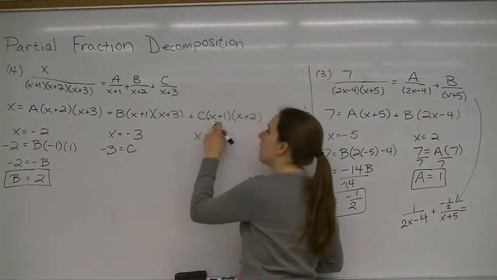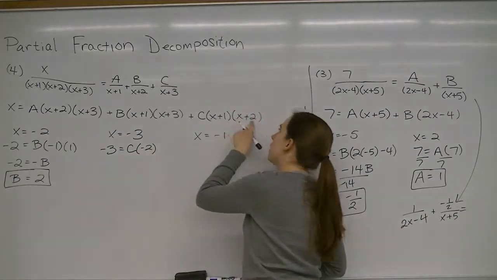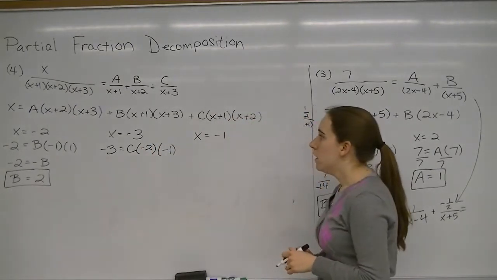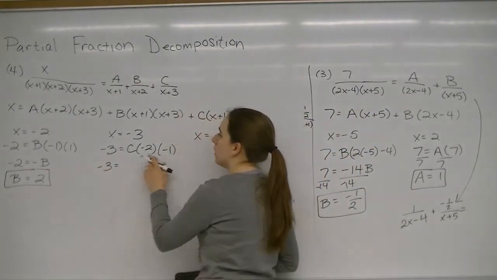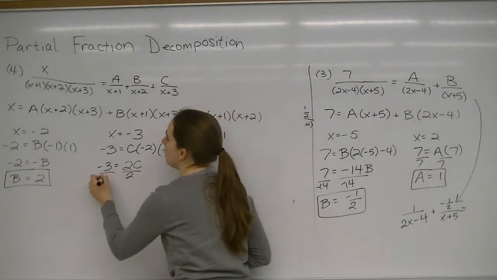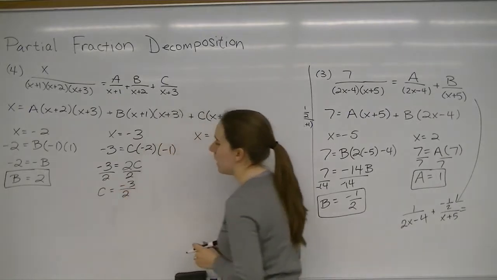So we have c times negative 3 plus 1, which is negative 2, times negative 3 plus 2, which is negative 1. So what we end up with is negative 3 equals, this will become positive 2 times c. We can divide by 2, we get c equals negative 3 halves.